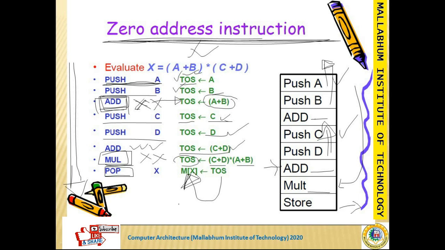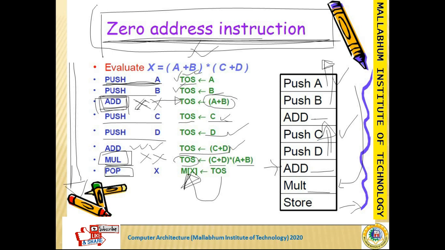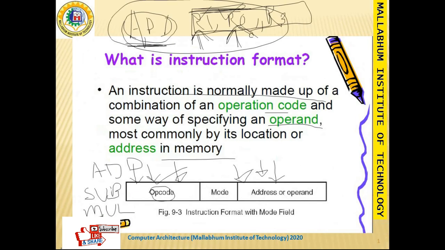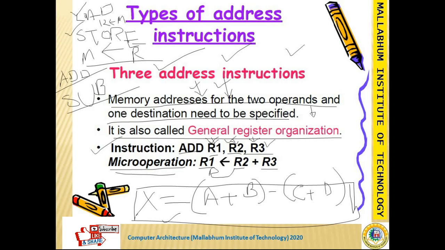So only the stack concept is used for the zero address instruction. Without the stack concept we cannot use the zero address instruction. Zero address instruction means there is no address field specified after the opcode. So this is all about the instruction classification based on the instruction length.